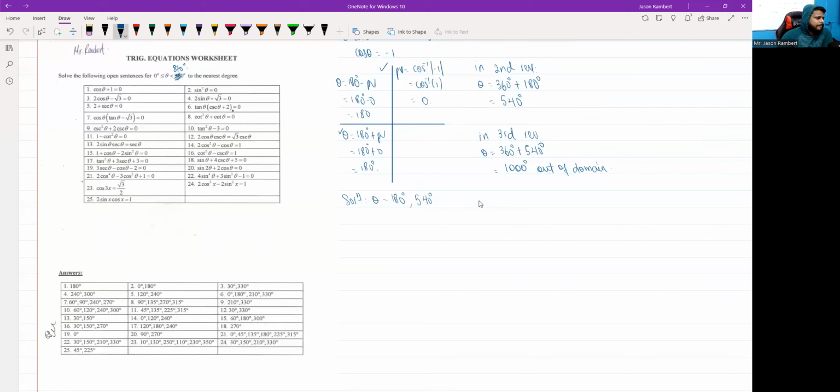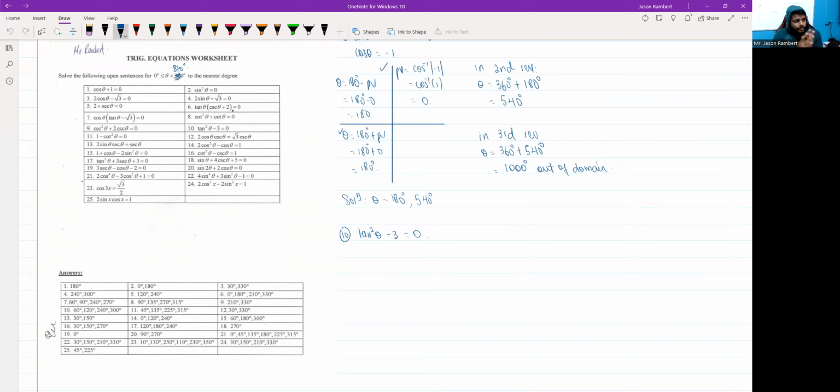And number 10, I have tan squared theta minus 3 is equal to 0. Now, this is extremely important.